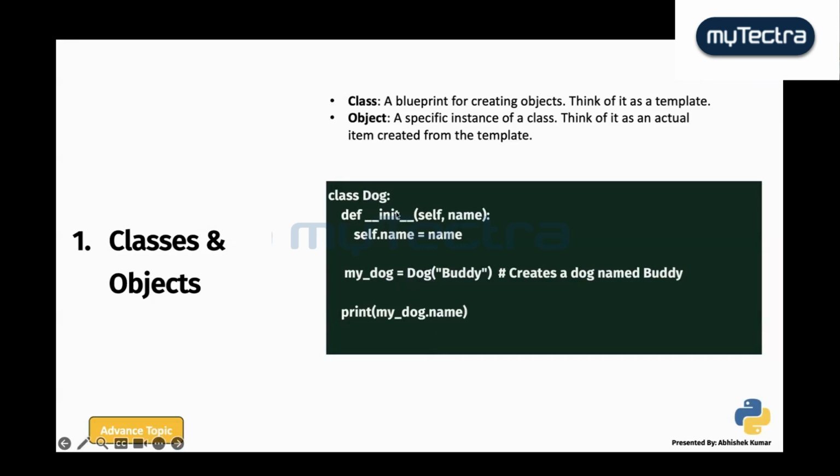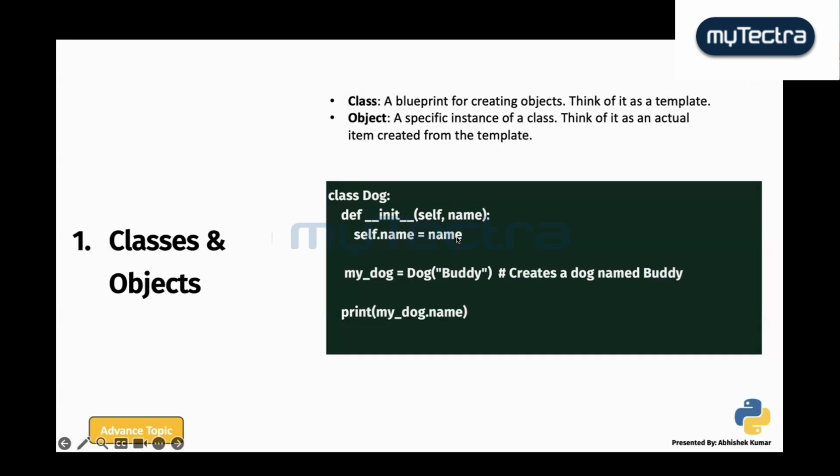I assigned the object my dog by passing on the name as Buddy. Now this initiator class will understand that whatever has been passed as an argument or a parameter to this particular Dog class has a single value. That's why it is already defined; it can take only single values. So it took the name and assigned it as the attribute of my class.